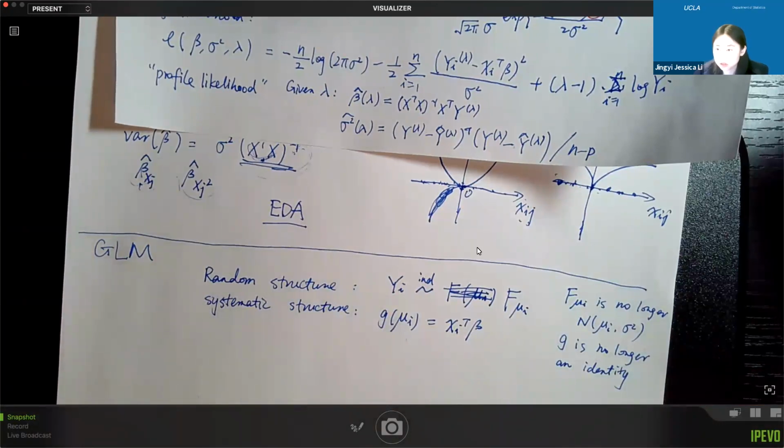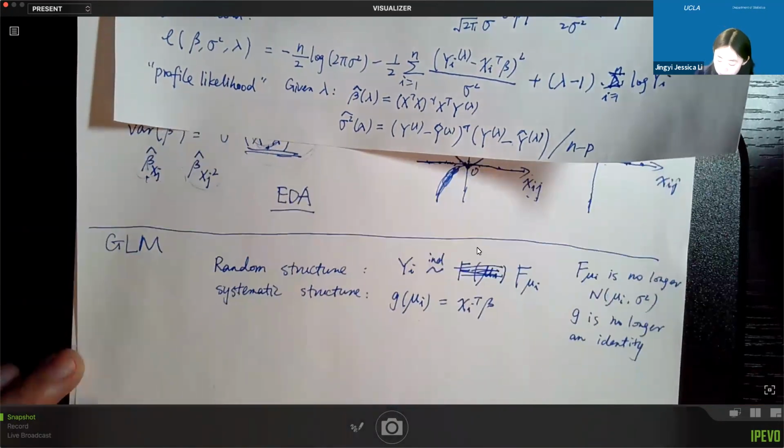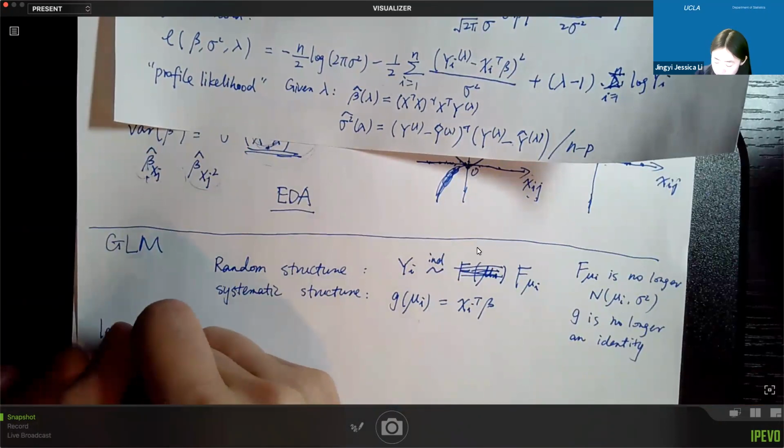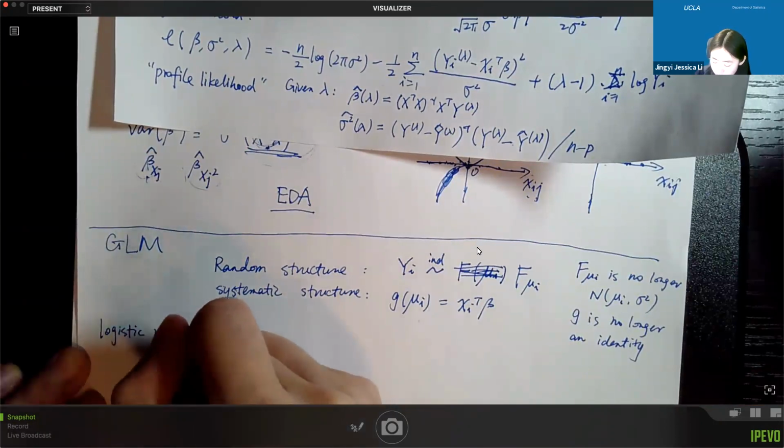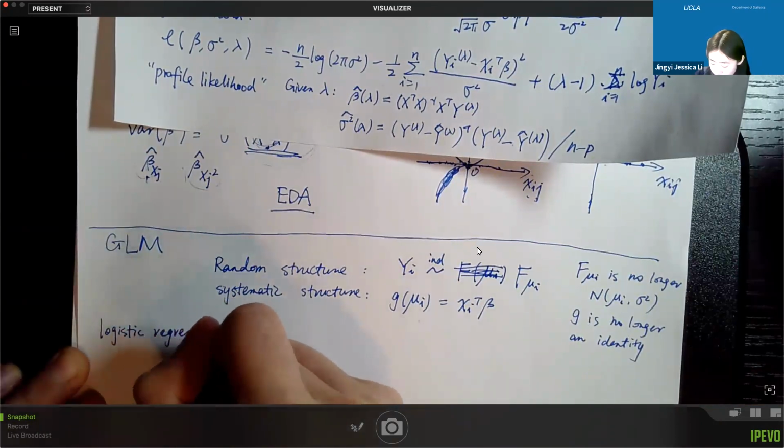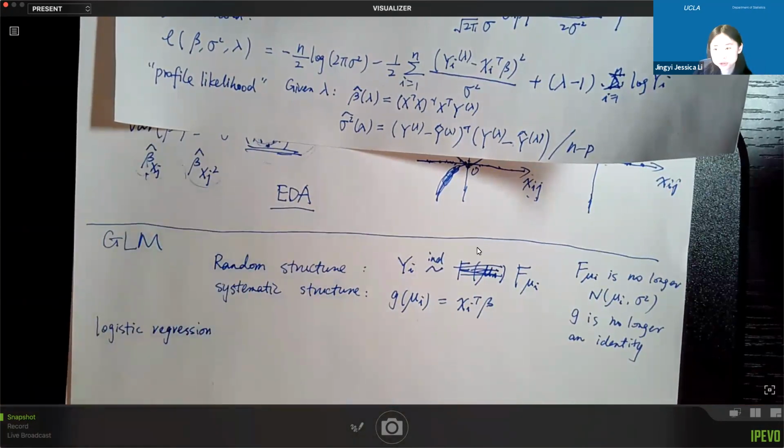We're going to use logistic regression to open the topic and see how it generalizes the random structure and the systematic structure. Logistic regression is a very interesting method to learn about, because it has two flavors. One is that it's a very good model for inference, just like our linear model.